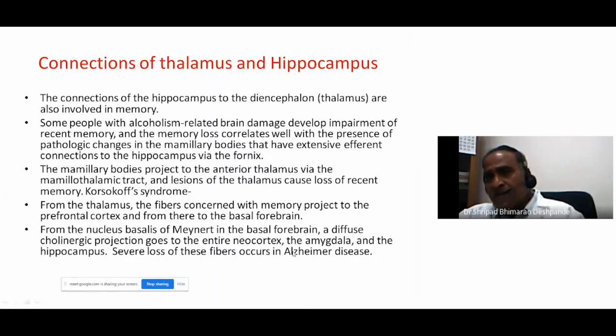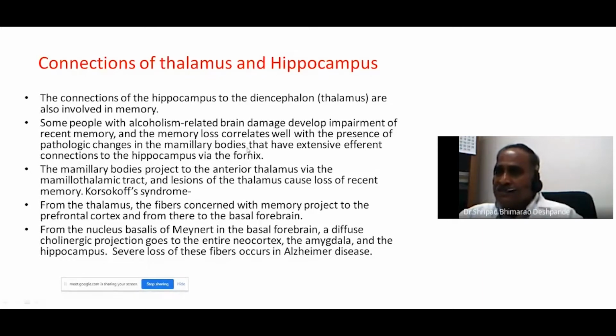In Alzheimer's disease, there is a loss of neurons of the nucleus of Meynert. These are cholinergic neurons, and once these cholinergic projections are lost, there is a loss of short-term memory, since they are connected with the amygdala and the hippocampus.